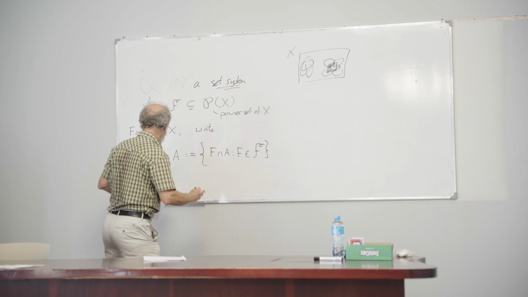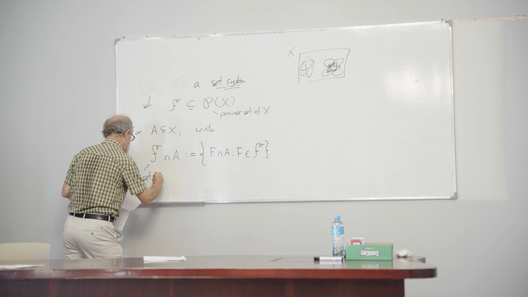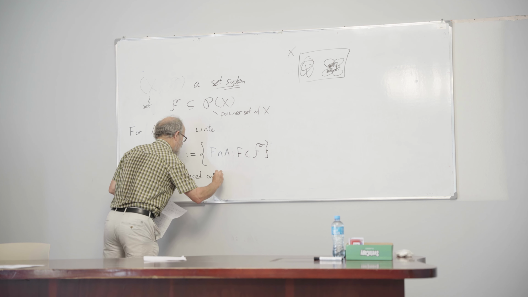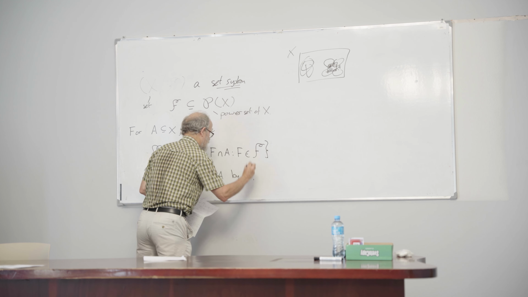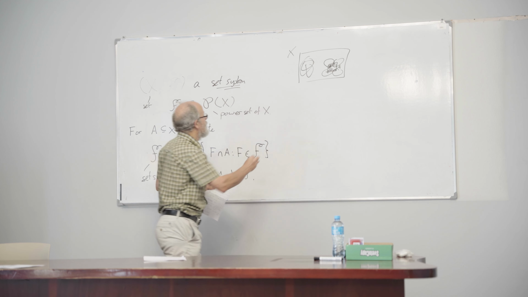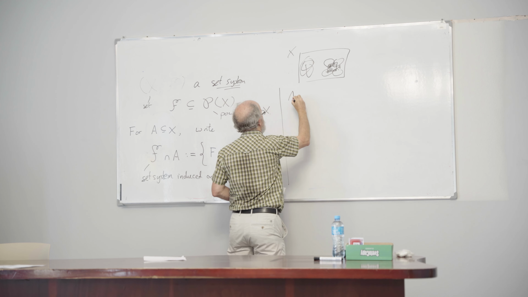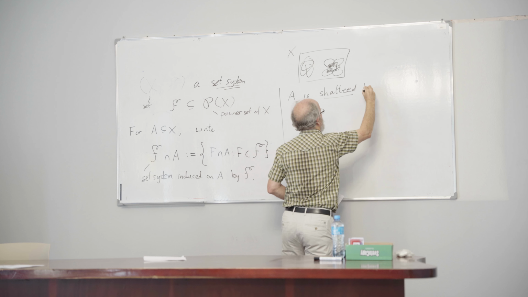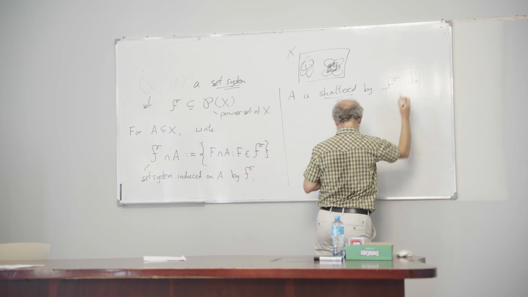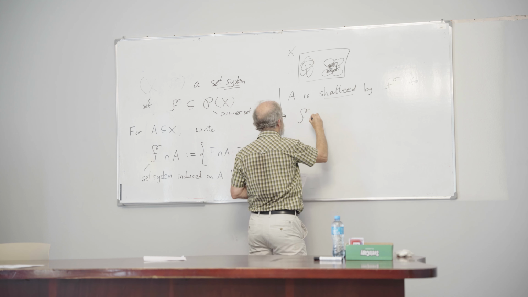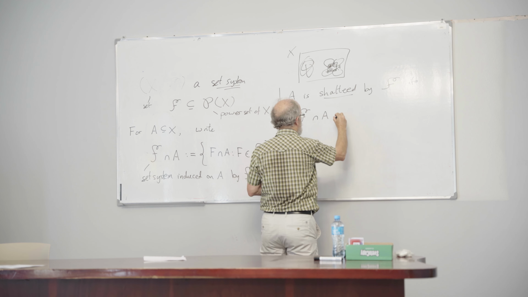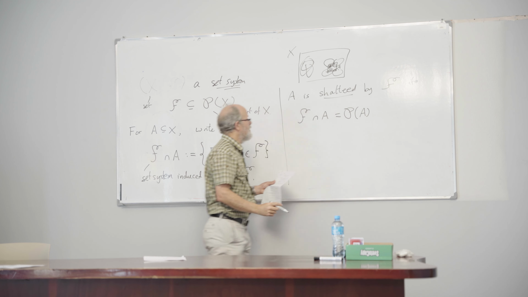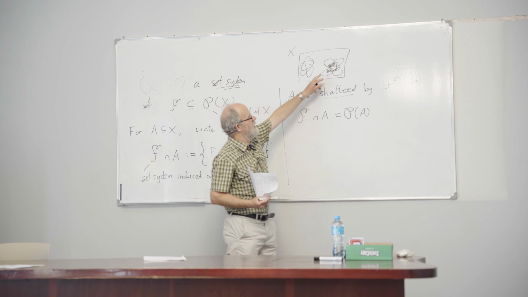So this is the set system induced on A by F, by intersections with F. And then we say A is shattered by curly F if F intersect A is the whole power set of A. In other words, every subset of A arises as an intersection.